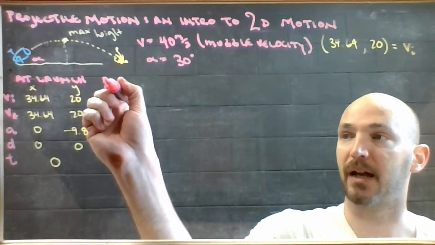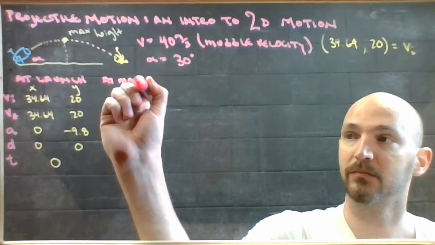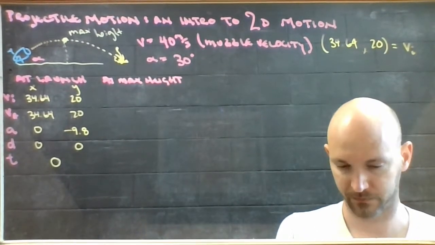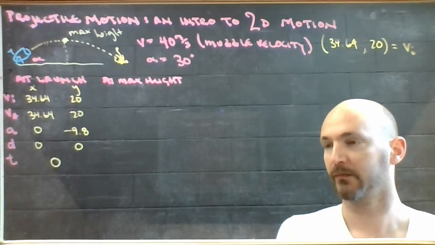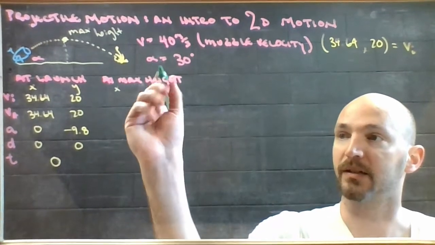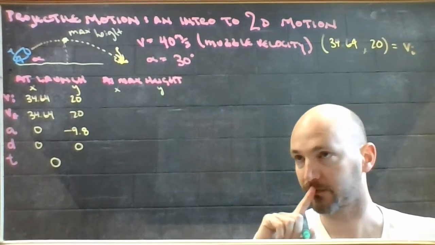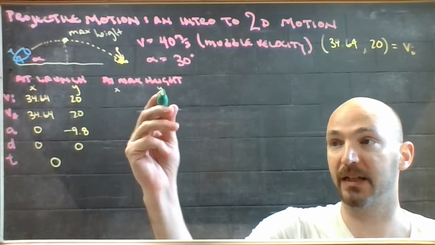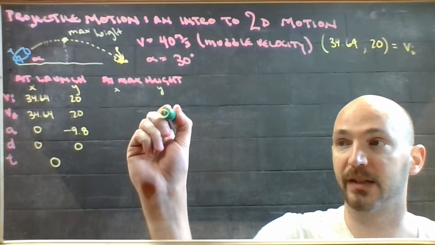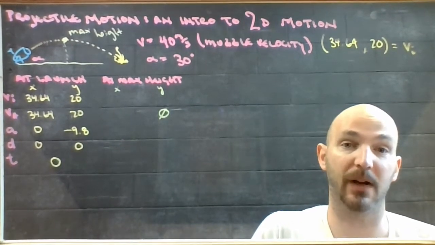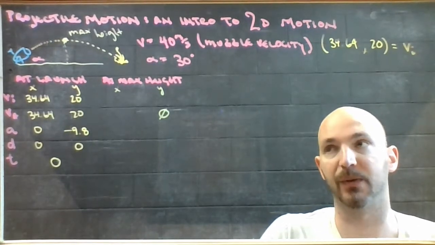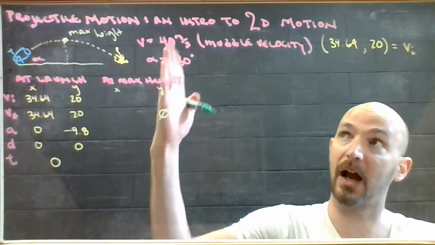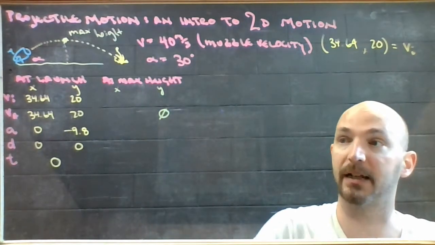So at max height, horizontally and vertically, the condition I just identified is that the final speed in the vertical direction is 0. Now you get to write that one in for free. That's always true. It's part of the definition of a max height, right? That thing has stopped rising and has started to fall back down again.